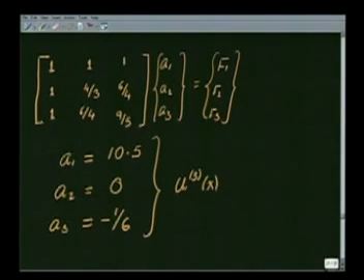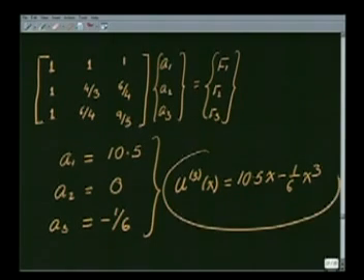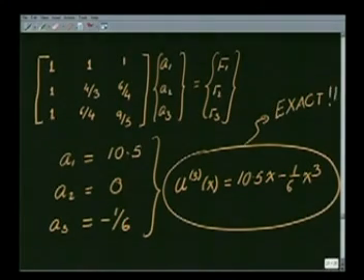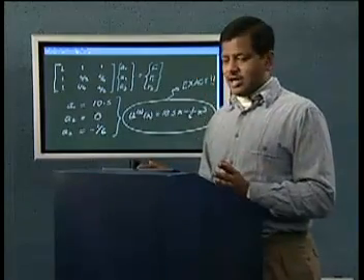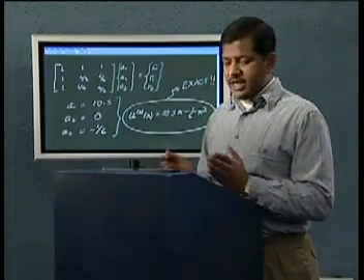So our u3 of x will be equal to 10.5 x minus 1 by 6 x cubed, and you will see that this is the exact solution of this problem. The exact solution of this problem turns out to be a cubic polynomial, and by taking 3 terms in the series expansion, we have exactly captured it, which had to happen.